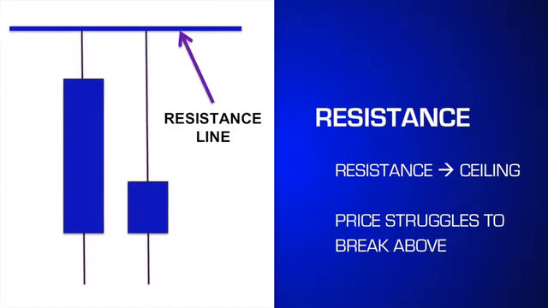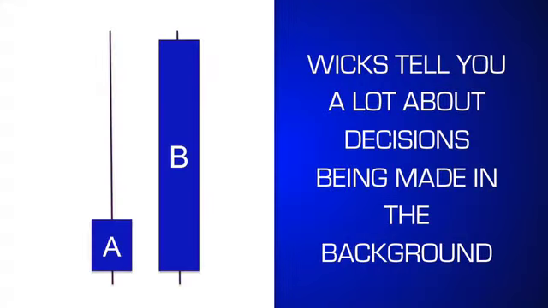Now, a little bit more about these wicks. They actually tell you a lot about decisions being made in the background. Sometimes you'll see really long wicks like you see in A, or sometimes you won't see hardly any wicks at all like you see in candlestick B. Wicks actually give you signs that the market is wanting to move in a certain direction.